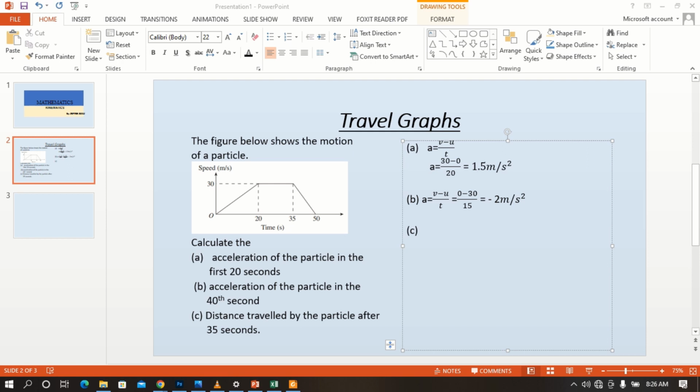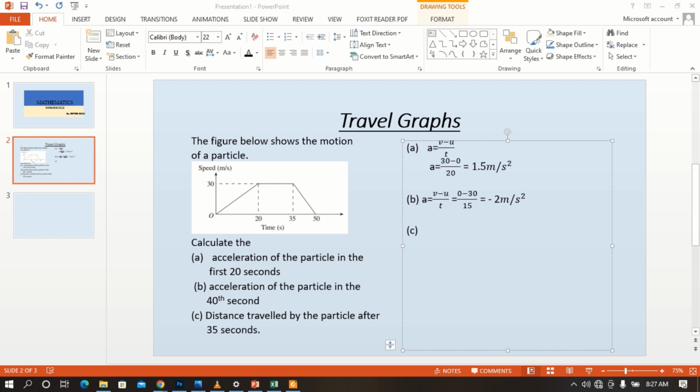In order for us to do so, we're looking at the space from 35 to 40. So since the gradient is just the same, the acceleration is going to be the same everywhere. Even if we get 50 and 35, it will still be the same. Or we get 40 and 35, we're still going to get the same. So the acceleration is just the same throughout because the gradient is constant.